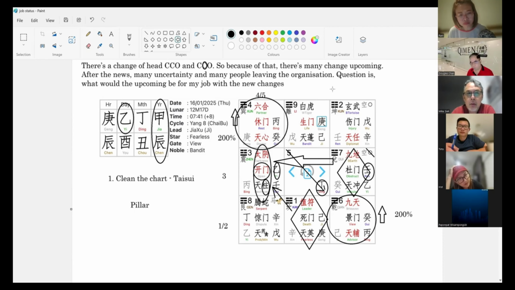You see, this one we don't know. We don't have the information on hand. So only the person knows whether the CEO is the decision maker or the CCO and the COO are the decision makers. If they are the decision makers, then fine, no problem. You will still be stable.